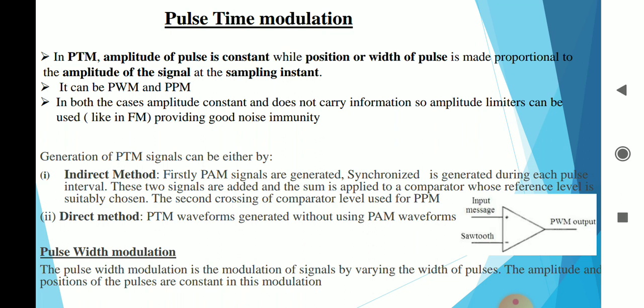The non-inverting terminal of the comparator is provided with the input signal, and the inverting terminal of the comparator is provided with a sawtooth waveform, so that the output of this comparator produces the PWM output.